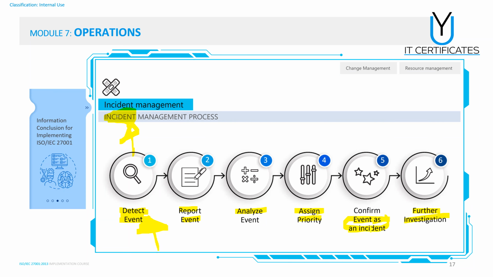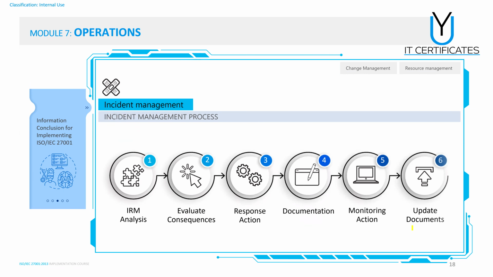This further investigation will go through the IRM analysis, incident response management, or incident response team. It has to go through the incident response team to make more analysis of the event and determine the consequences, which assets are affected, what the impact is, and how it will affect the organization.